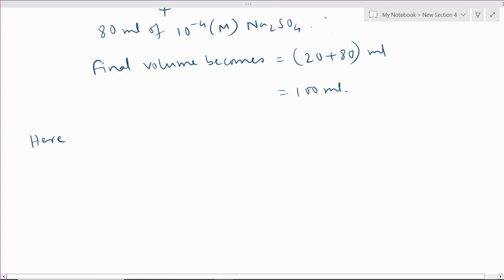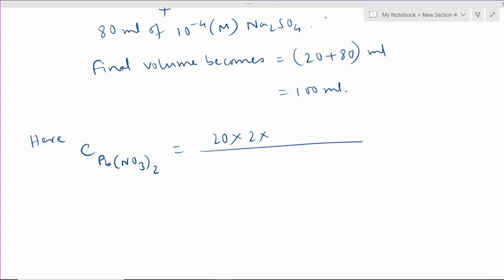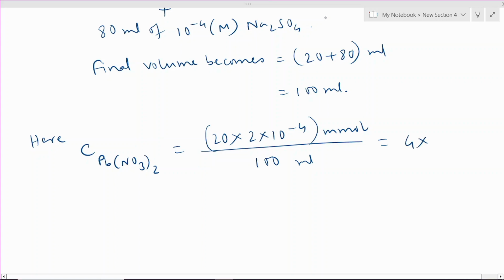So here the concentration of lead nitrate will be 20 into 2 into 10 to the power minus 4 upon 100, that is millimole upon ml, so we get the molarity. So it is 4 into 10 to the power minus 5 molar, that is the concentration of Pb2+.